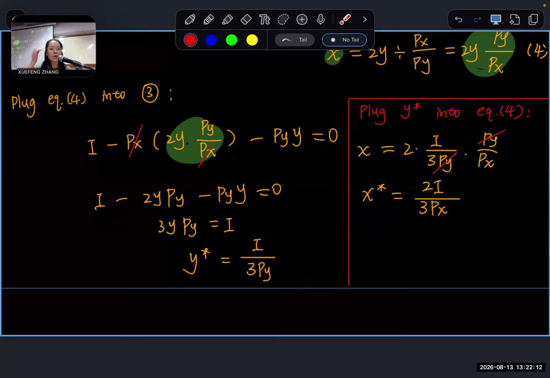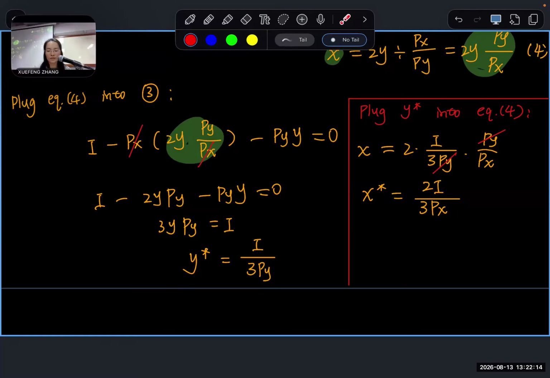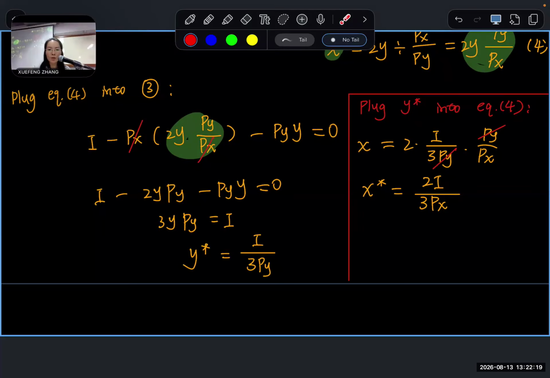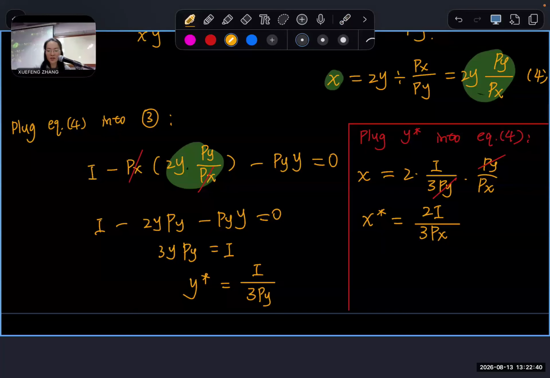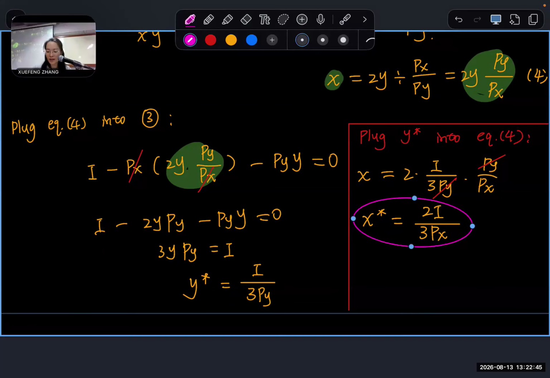This is about 1.2. Let's continue to 1.3. So I just told you, identify what type of demand the functions derived in 1.2. Marshallian or Hicksian? This is the answer for X star. This is the answer for Y star.